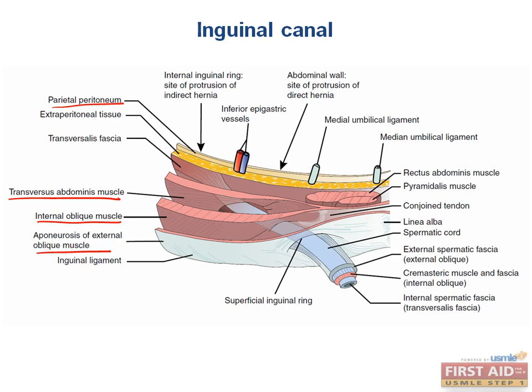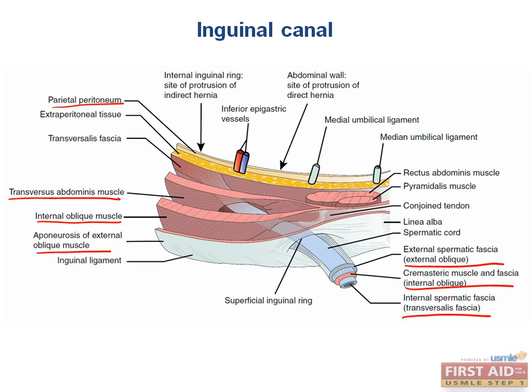You can see here that these layers are the internal spermatic fascia, the cremasteric muscle and fascia, and the external spermatic fascia.